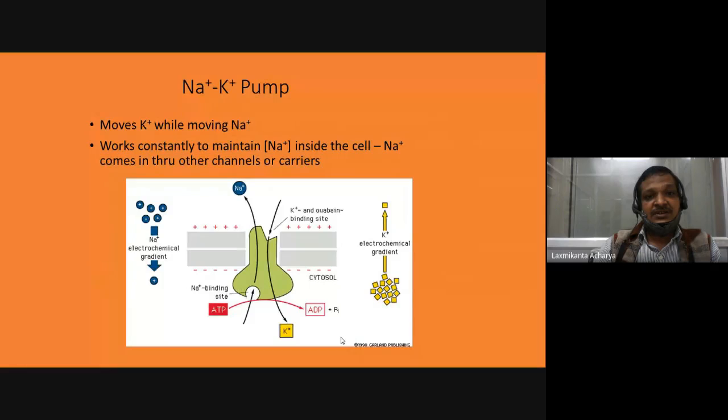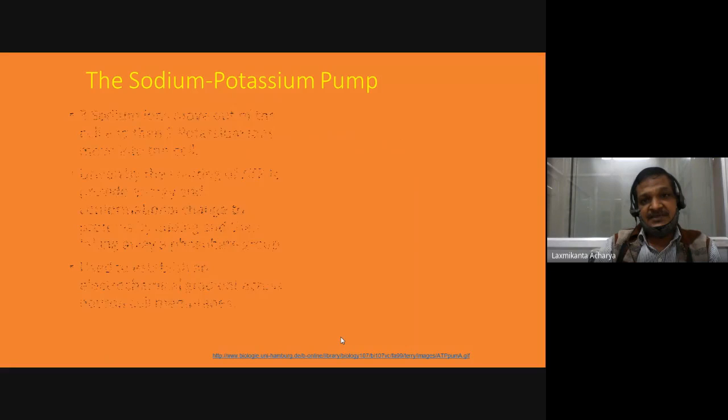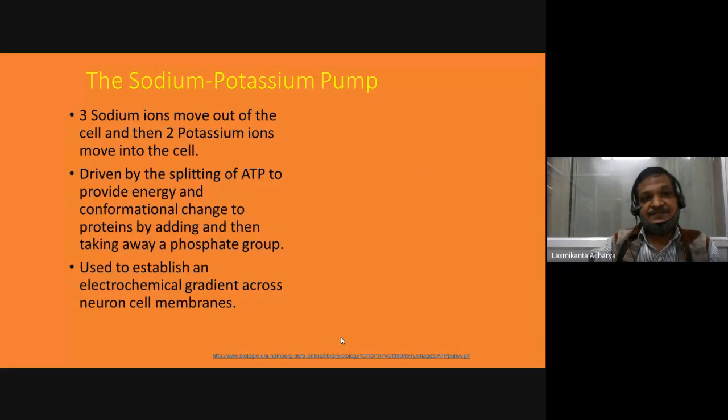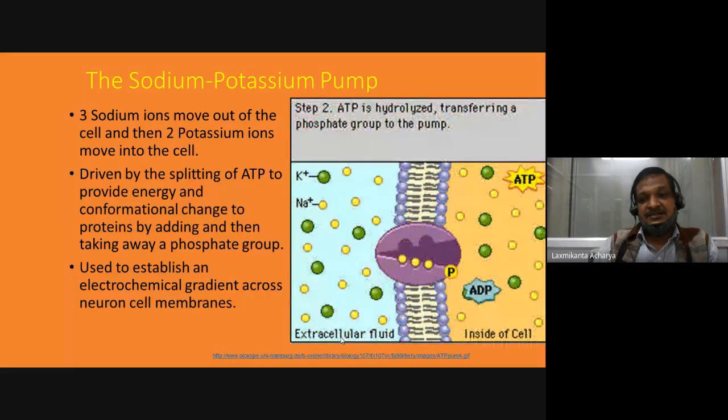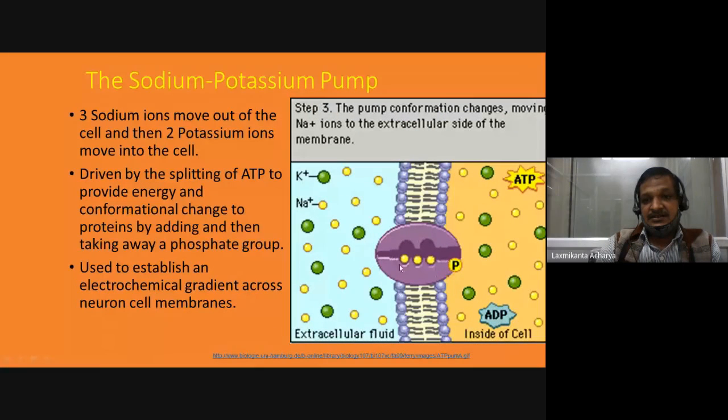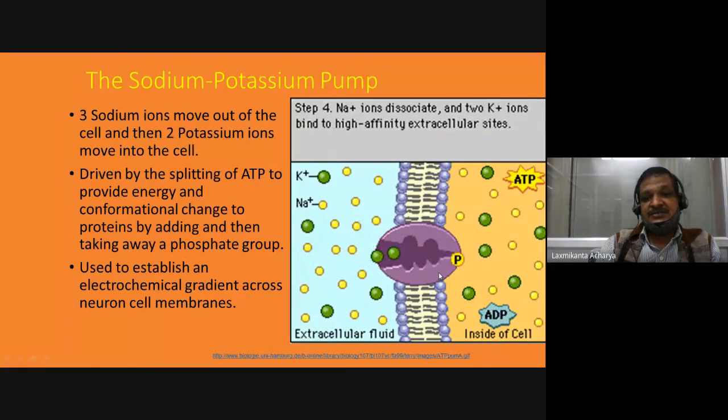sodium potassium pump. Here, with this sodium potassium pump, you will see that they move in opposite directions. You'll see this diagram. Here, this is a carrier protein.